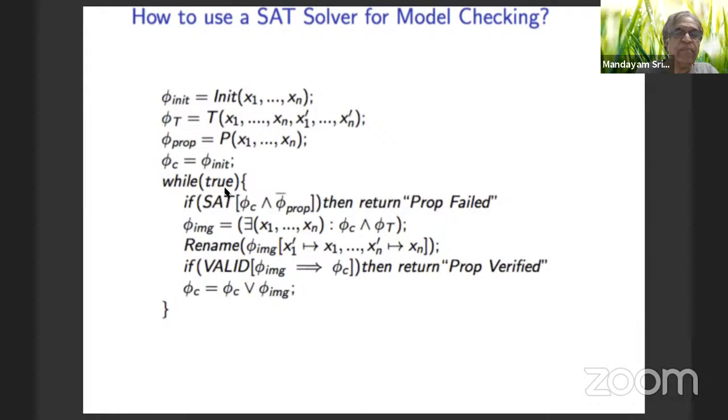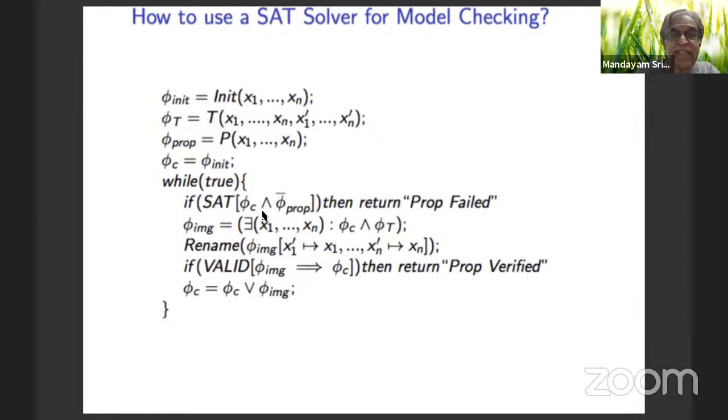As I said, this is for checking an invariant property, something like AG of P, that P is invariantly true on all states. And as you saw right in the beginning, before we got into CTL model checking, that could be done by just accumulating all the reachable states. That's what I'm showing you here.